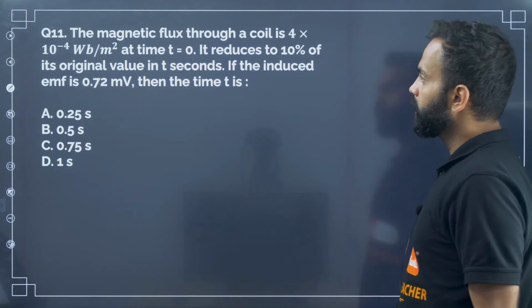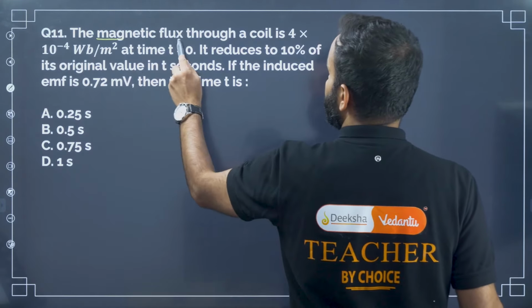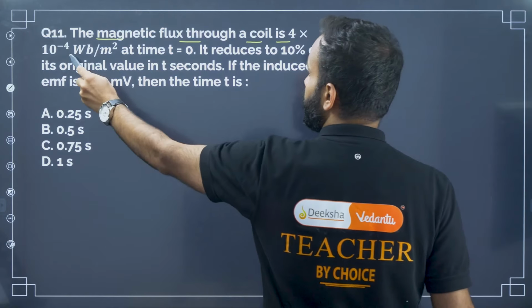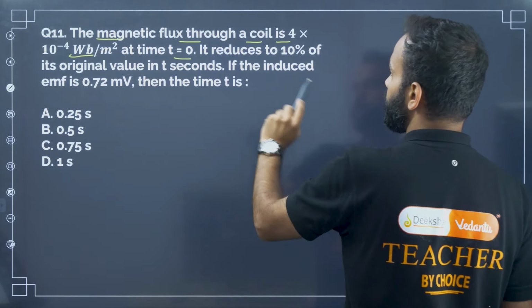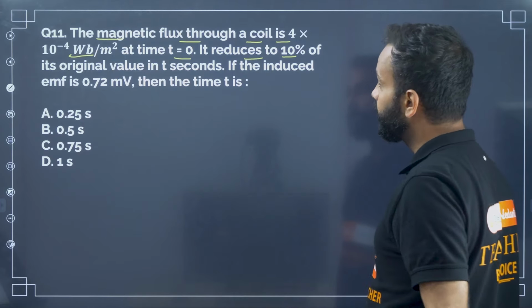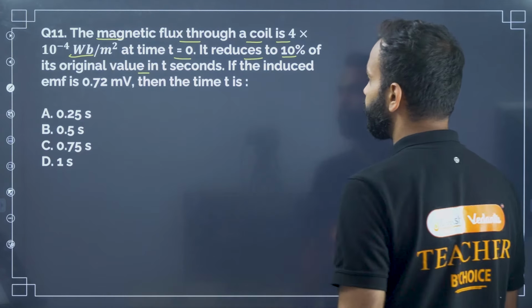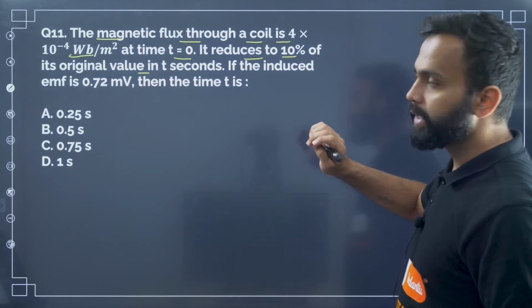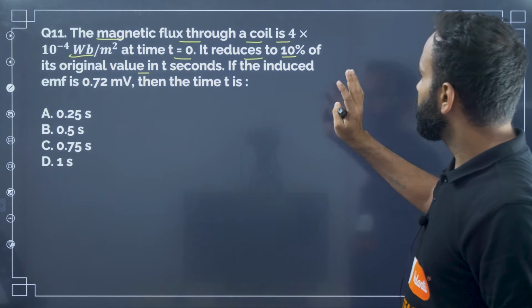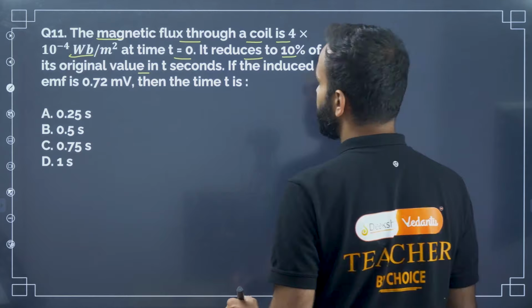Question number 11. The magnetic flux through a coil is 4 into 10 to the power minus 4 Weber per meter square. At time t equal to 0, it reduces to 10% of its original value in t seconds.